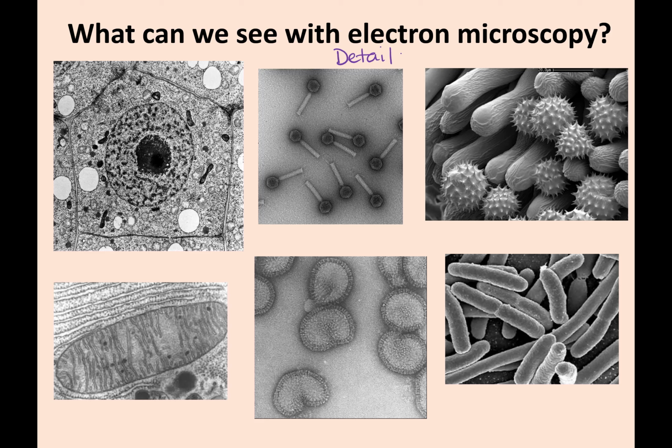In fact, the magnification level for electron microscopy is about 100 times that of light microscopy. These guys in the middle here, these are viruses. You cannot see a virus with a light microscope.